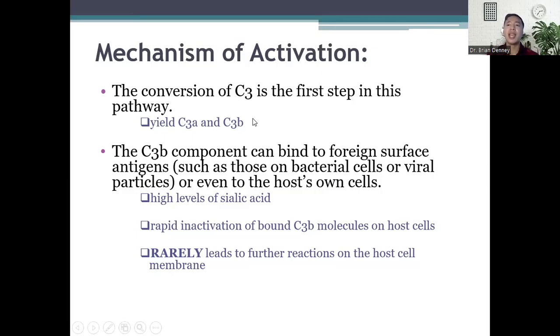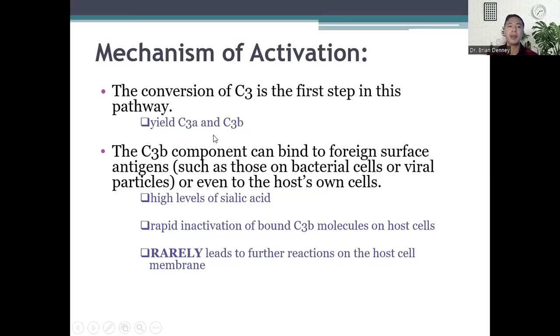Therefore, without any antibody-antigen immune complex formation, once there is an antigenic substance exposure, C3 becomes hydrolyzed by water. And then your C3 becomes cleaved into two fragments, your C3a and C3b, for which your C3a is a smaller fragment, your C3b is a larger fragment.